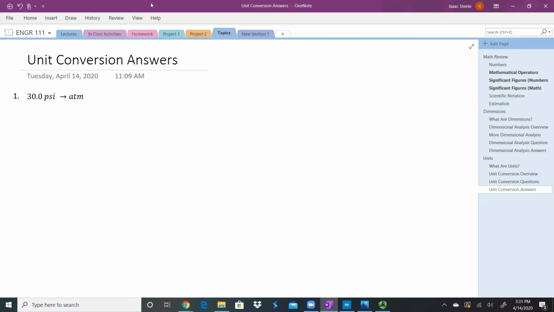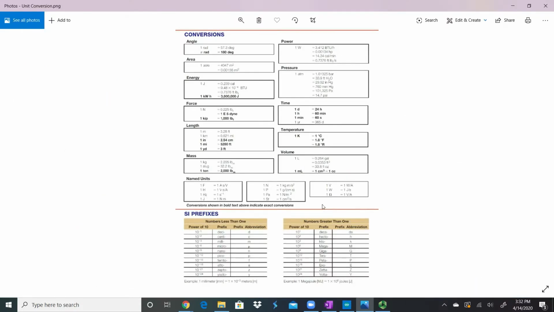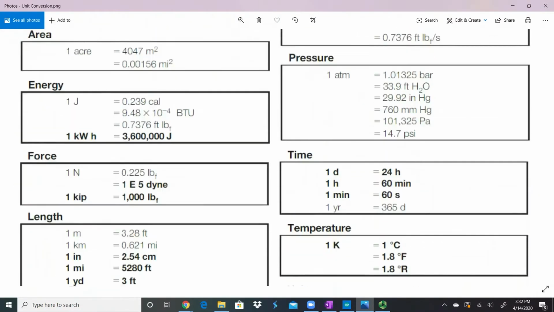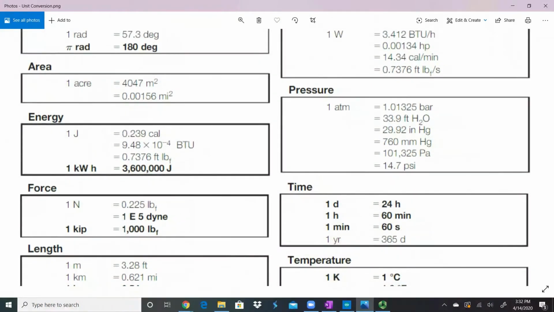First thing I'm going to do to solve this is I want to figure out my conversion factor. I'm going to go to my conversion chart, and I told you that this was a pressure. So let's look for our pressures. So right here I have pressures.